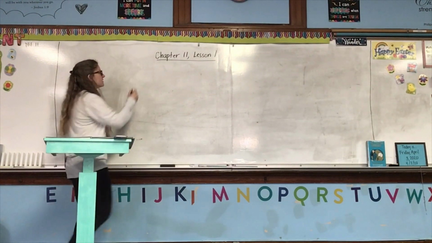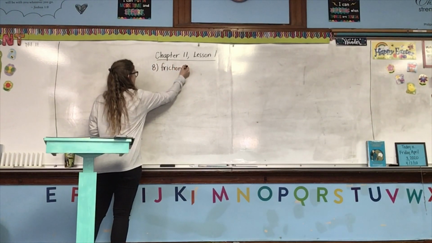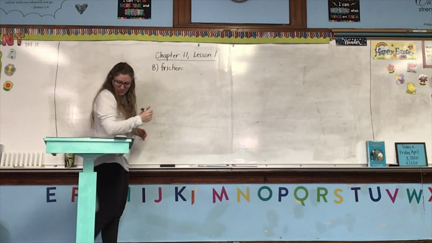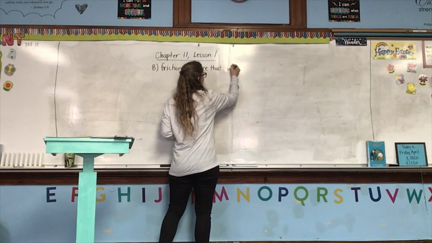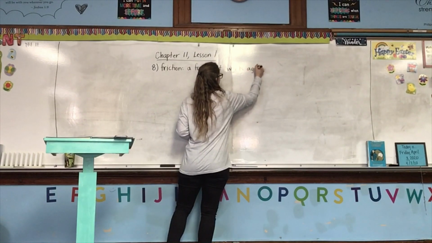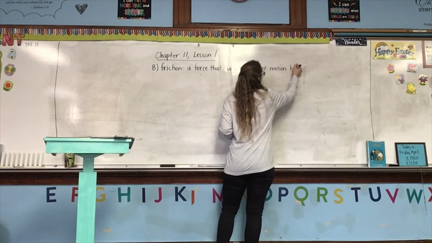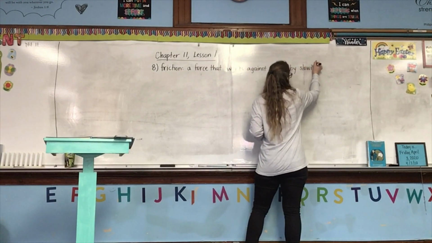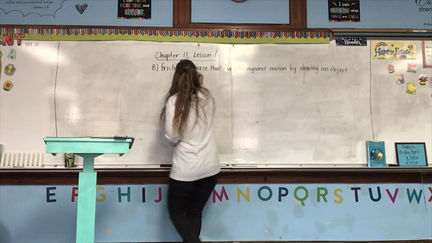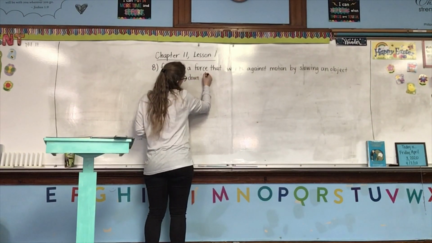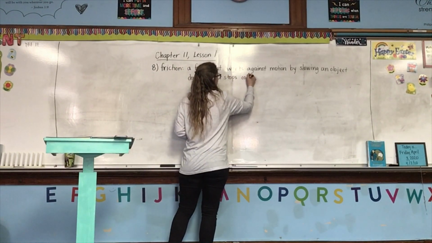So, let's see, this is number 8, and we have friction, which is a force that works against motion by slowing an object down until it stops completely.